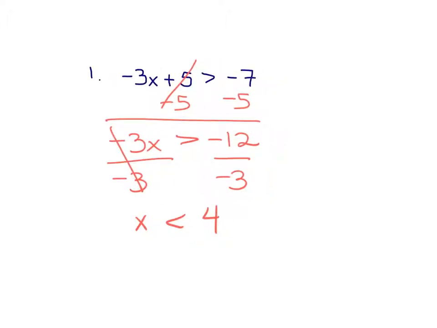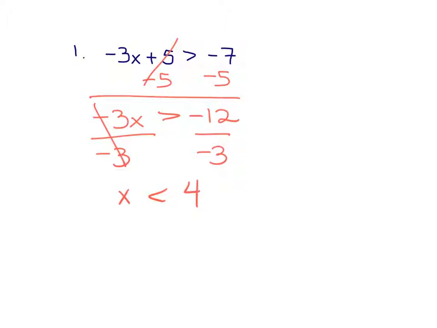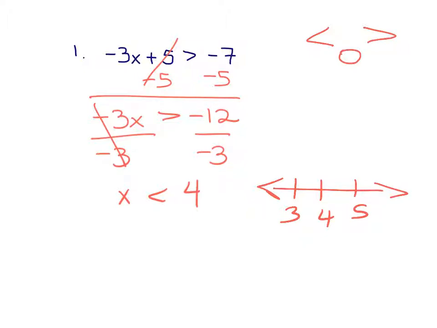Now, when you graph this in Algebra 1, we would put circles on the graph. So I'm just going to put the 4 here. It would really be like 4, 3, 4, 5. Now, when we graphed it in Algebra 1, when the symbol was a less than or a greater than, the circle we put on the graph was open.